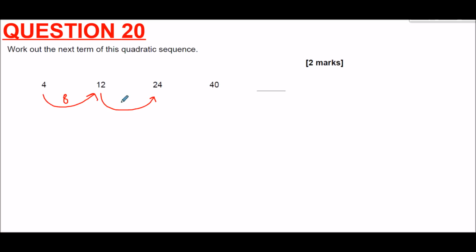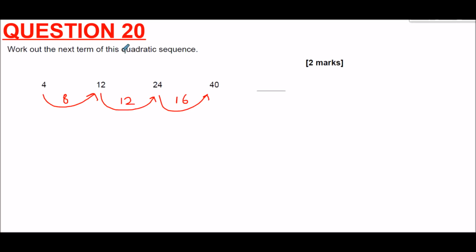Between 12 and 24, that's an increase of 12. And from 24 up to 40, it's got 16 bigger. So let's focus on the gaps. First one's a gap of 8, then a gap of 12, then a gap of 16. The gaps are increasing by 4 each time.